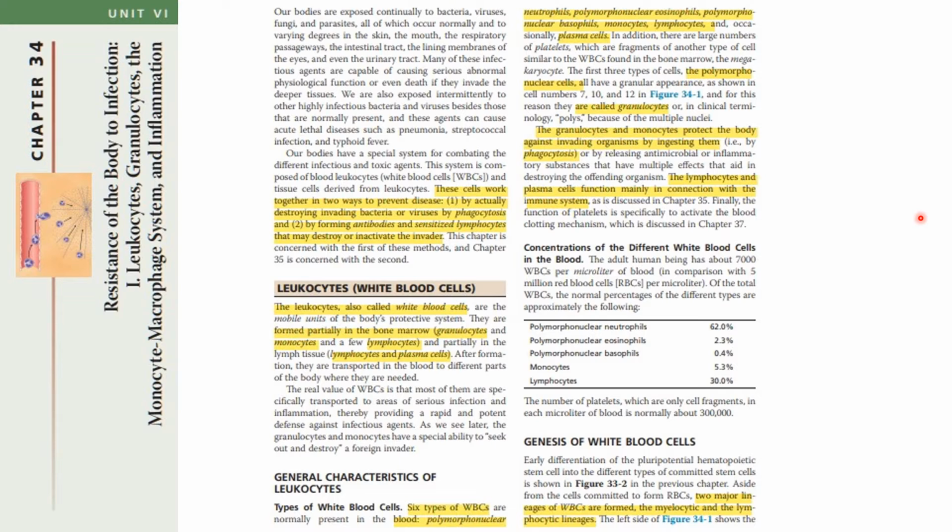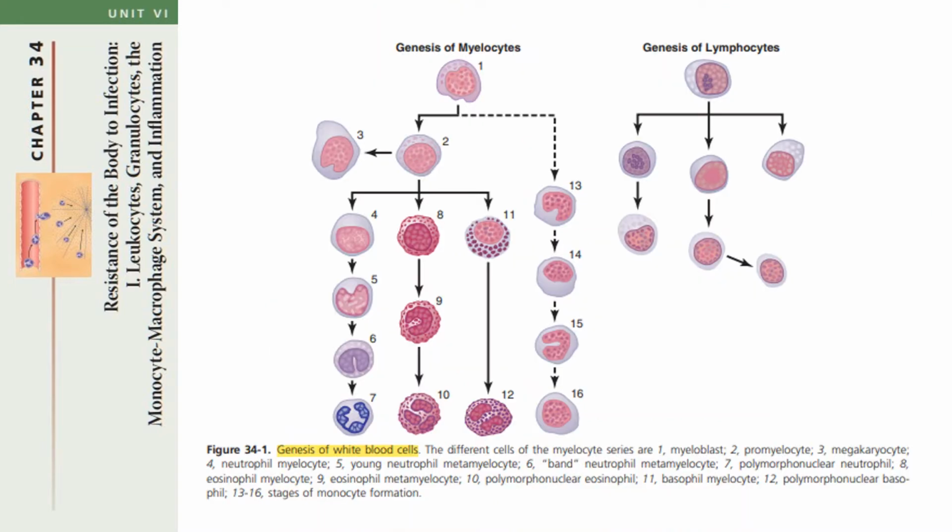Aside from the cells committed to form RBCs, two major lineages of WBCs are formed. These are known as the myelocytic and the lymphocytic lineages. Here on the screen you can see the diagram which represents the genesis of white blood cells. You can see that this genesis is divided into two lineages, which are genesis of myelocytes and genesis of lymphocytes.